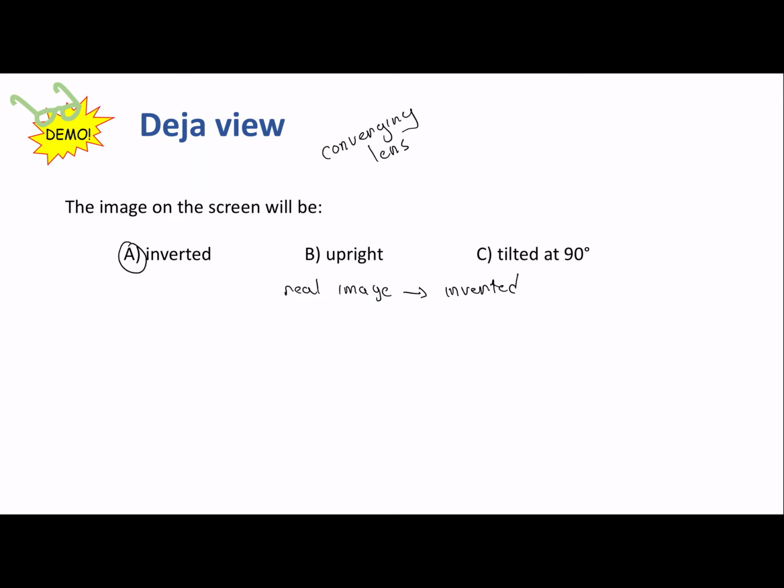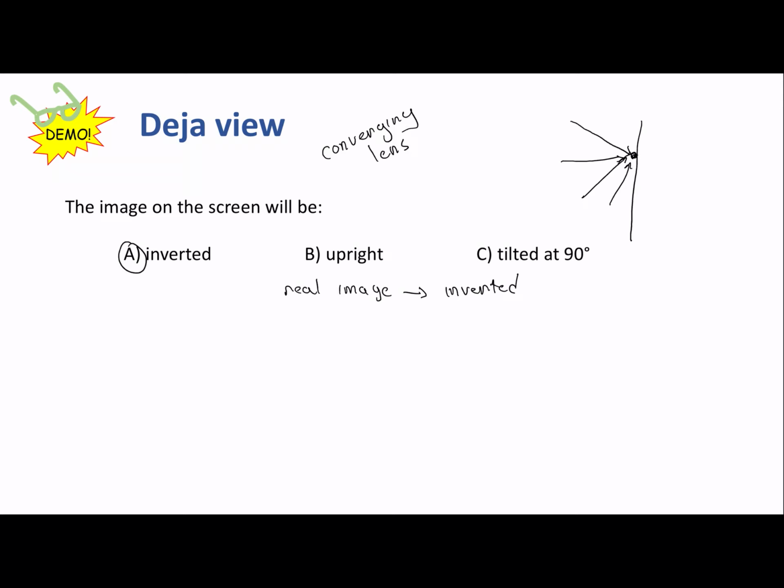How do we know it's a real image? Well, real images are the only images you can project on screens. To project something on a screen, what you need is the light to converge at a point on that screen so that that point looks like a point on the object.